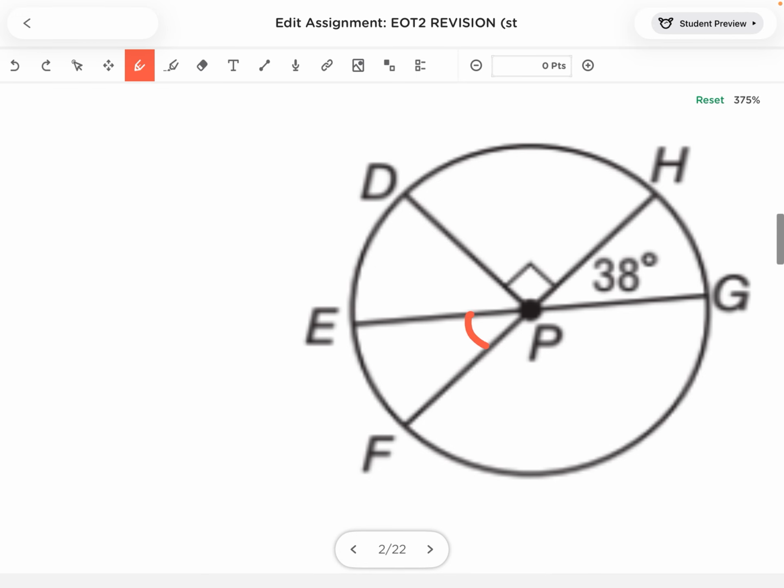This angle measures 38 degrees. I have a straight line here, so this angle here will be 180 minus 38, which is 142.